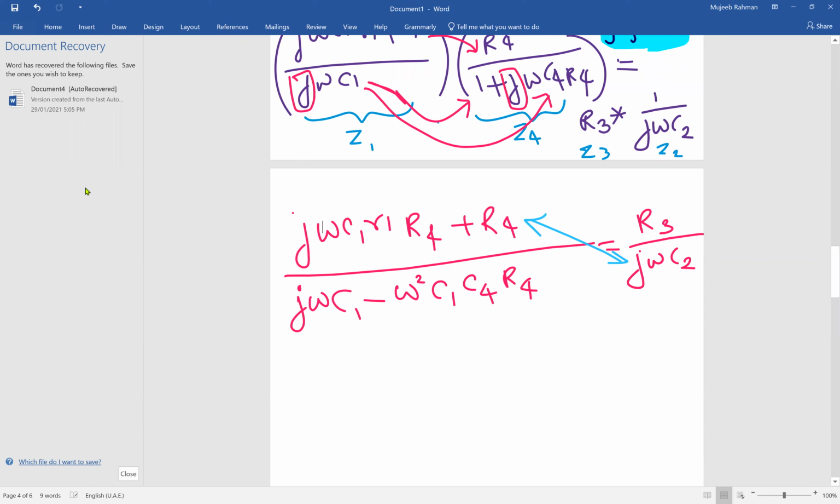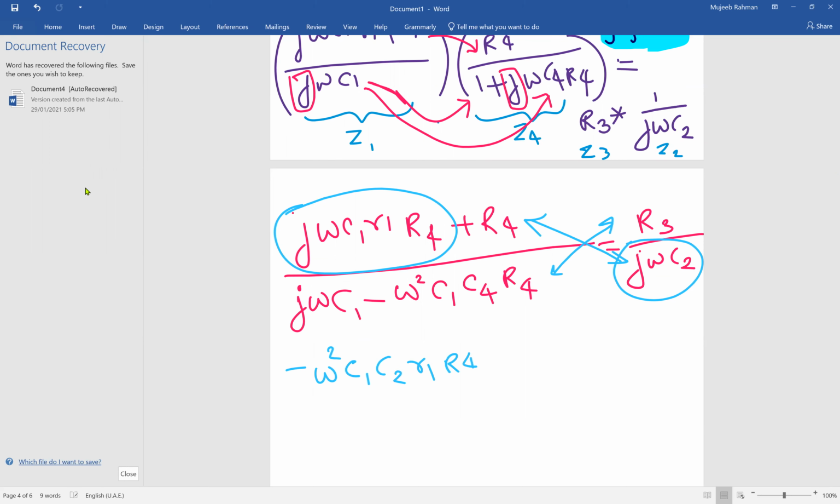If you cross multiply like this, we multiply this term with this. Again, we have a j term, so j into j makes minus. So you have minus omega square, with C1, C2, R1, R4.